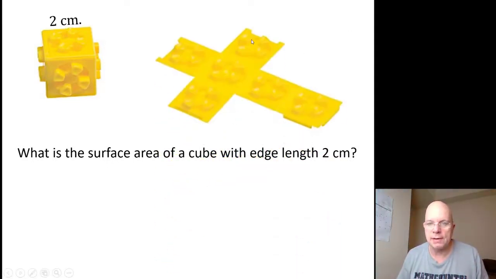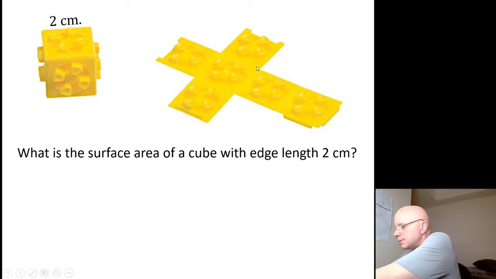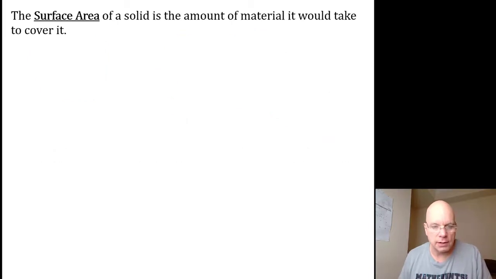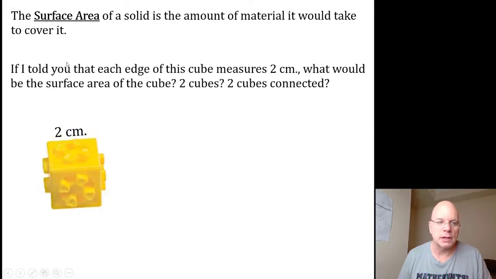And so you can see that there. I'm not going to spend a lot of time going over that, because I expect we did that in the Zoom class together. The surface area of a solid is the amount of material it would take to cover it. So we'll look at some examples in a minute.